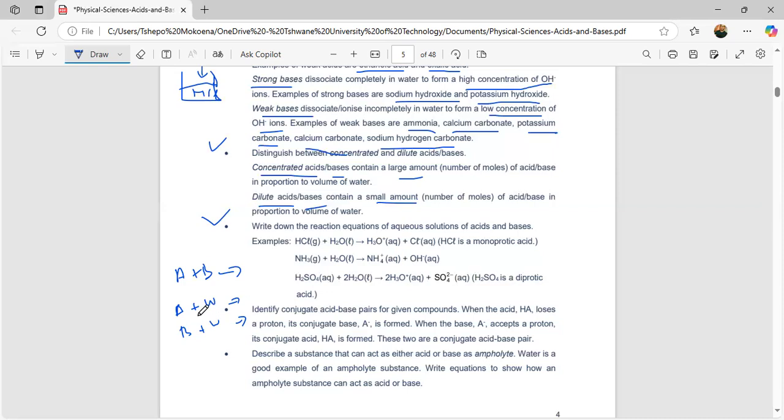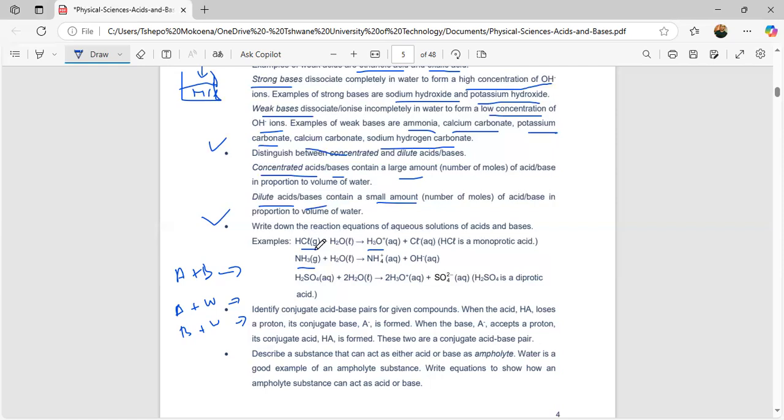Okay, so when we talk about the aqueous solution, if your acid reacts with water, the products are going to be formed. When the products are formed, we will have a concentration of H3O+ ions in the solution.